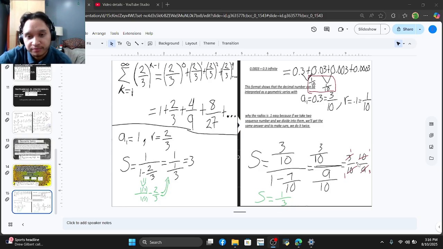But we're not going to multiply, we're just going to simplify. So we have 10 and 10 cancel, 1 and 1. We divide by 3, 1 and 3. So we have 1 on top, 3 on the bottom. The whole summation of this is 1 divided by 3.